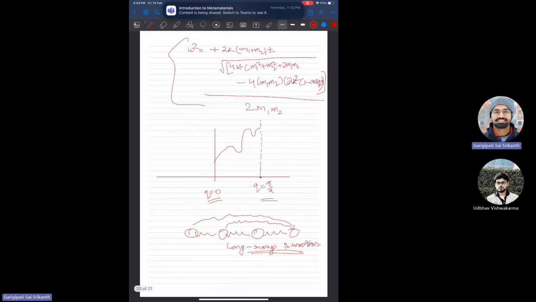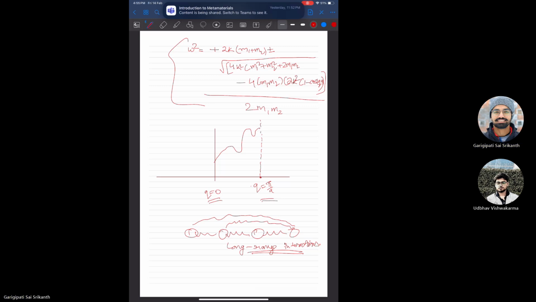We'll use the formula minus b plus minus square root delta by 2a, where delta is b square minus 4ac. Applying that, we see a plus minus, which means there are two values of omega squares.